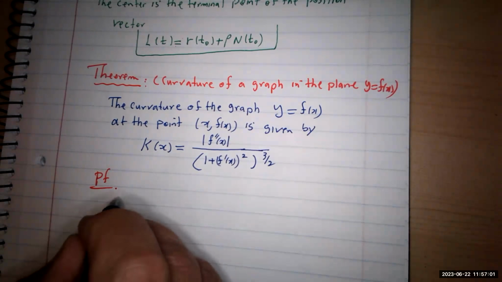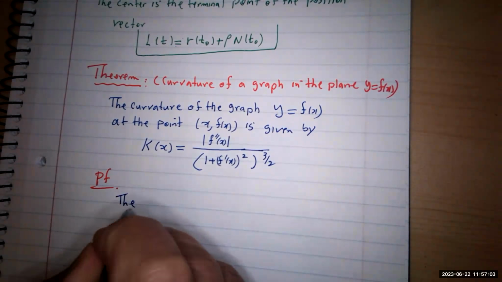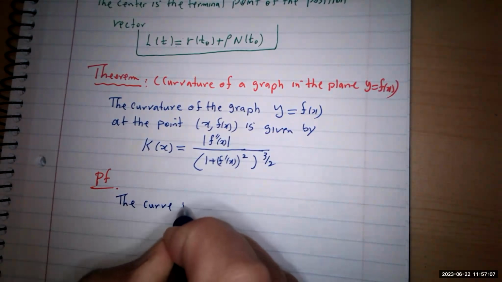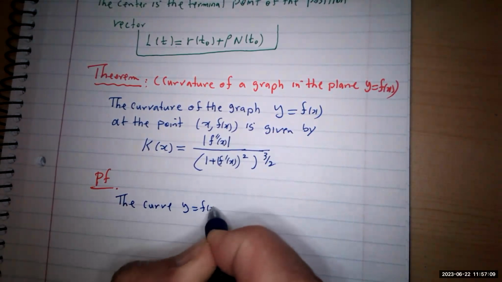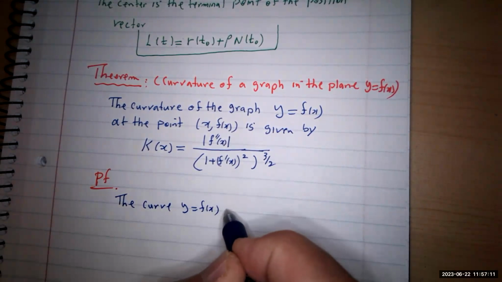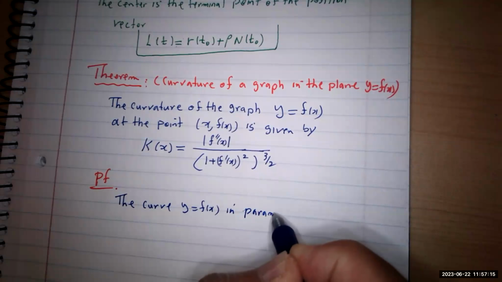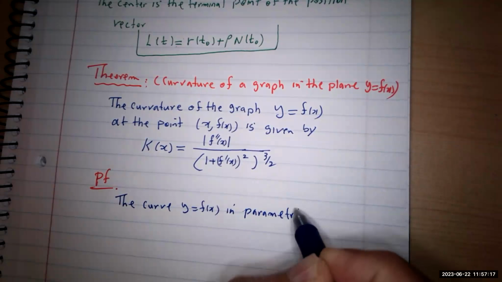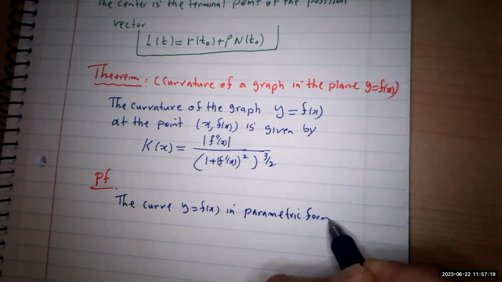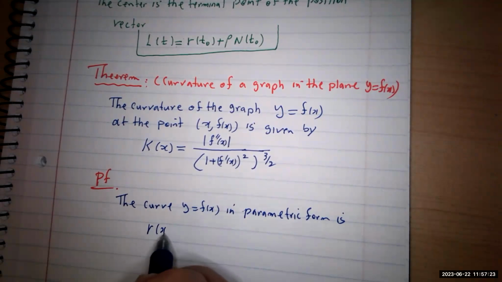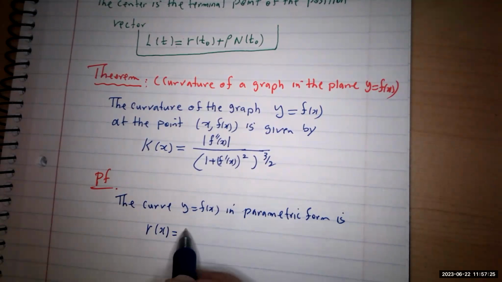This is it, the curve y equal to f of x in parametric form is this one. So look at this one, r of x. You change to the parametric form.